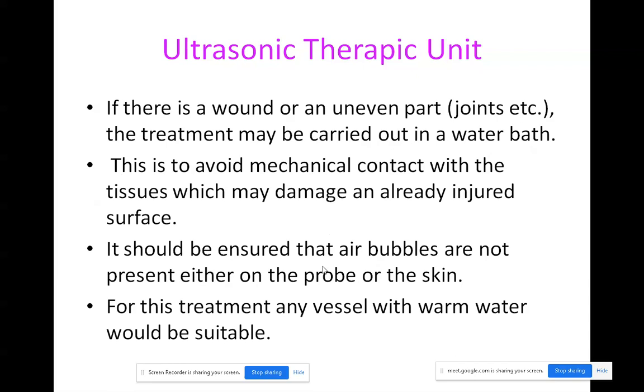If there is a wound or an uneven part, uneven part means a joint. Say you are giving the therapy on the hand, starting from the shoulder to the end of the finger.